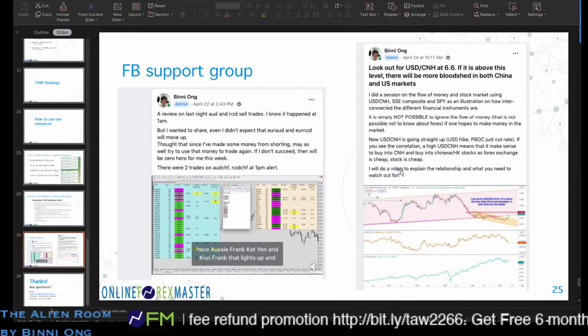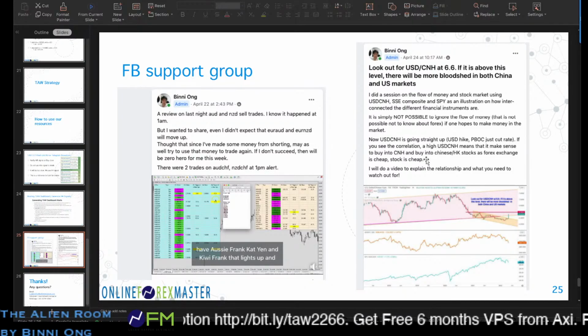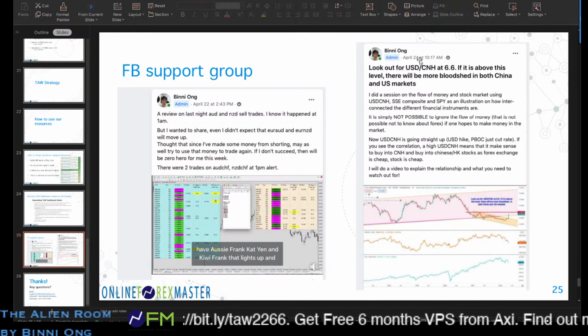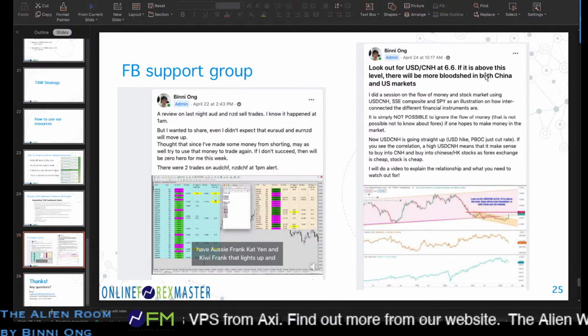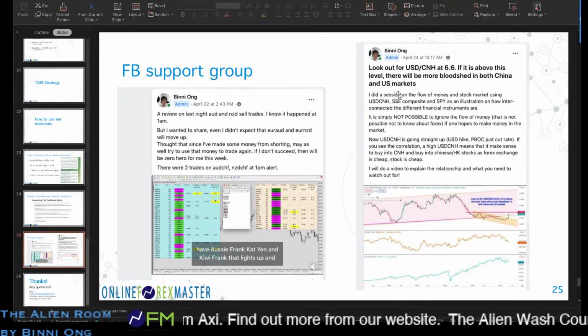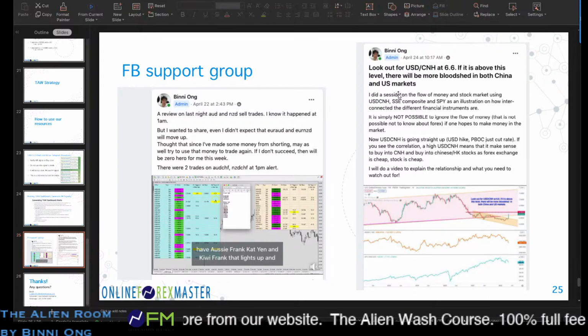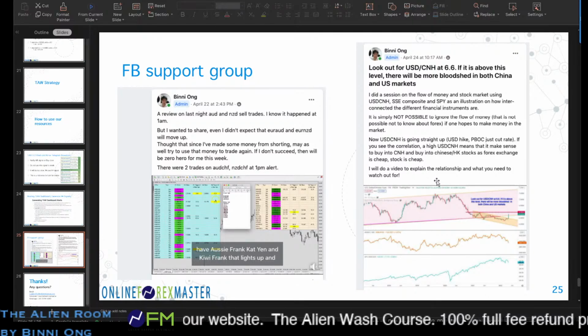For example, as documentation, on April 24th I said look out for dollar versus CNH at 6.6. If it is above this level, there will be more bloodshed in both the China and US markets. That was my stand at that point in time, and I explained why.